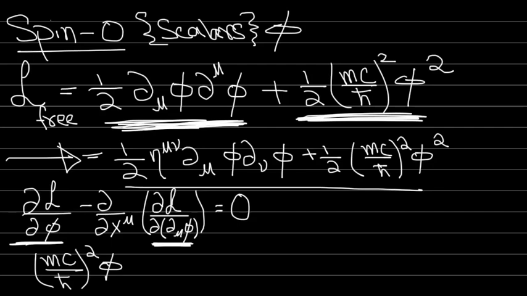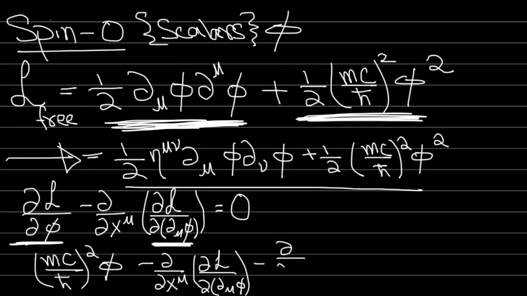Okay, so now we have this term minus partial over partial x mu of partial L over partial mu phi, minus partial over partial x nu times partial L over partial nu phi, right? And all of this is equal to 0.